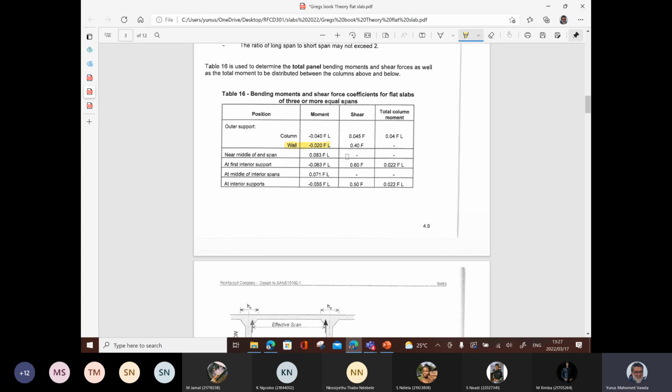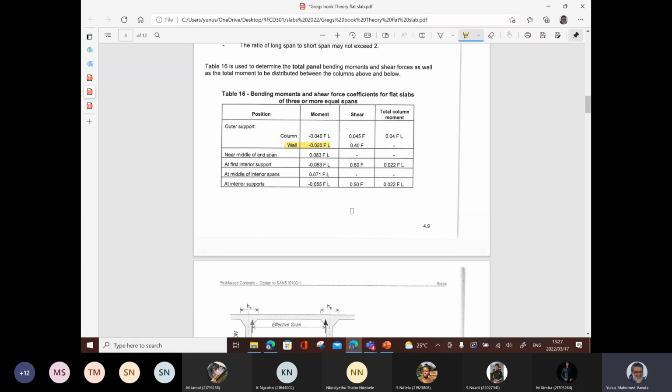Okay, so wall 0.02 FL and the shear will be 0.4. Okay, then we're going to look at the first interior support, near middle of end span, at first interior support, at middle of interior spans, at interior support. So what have we got? We've got a panel in the short direction.